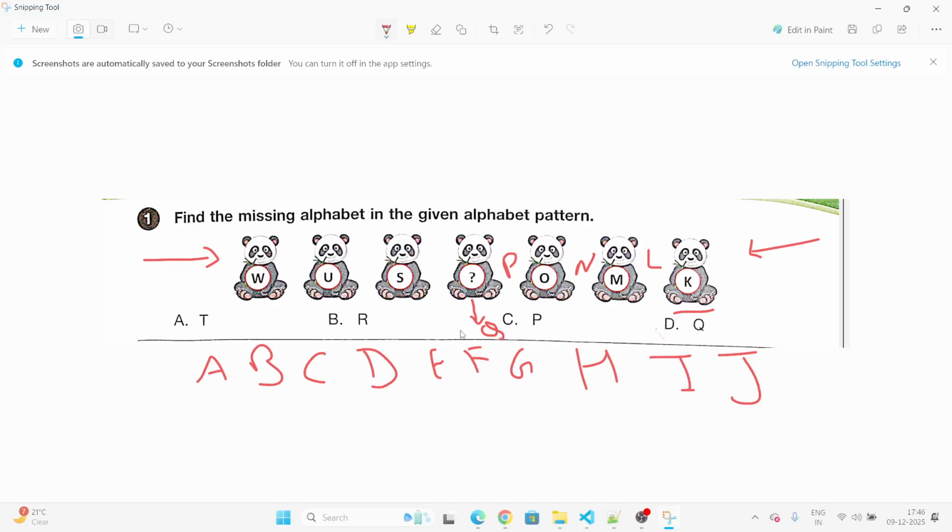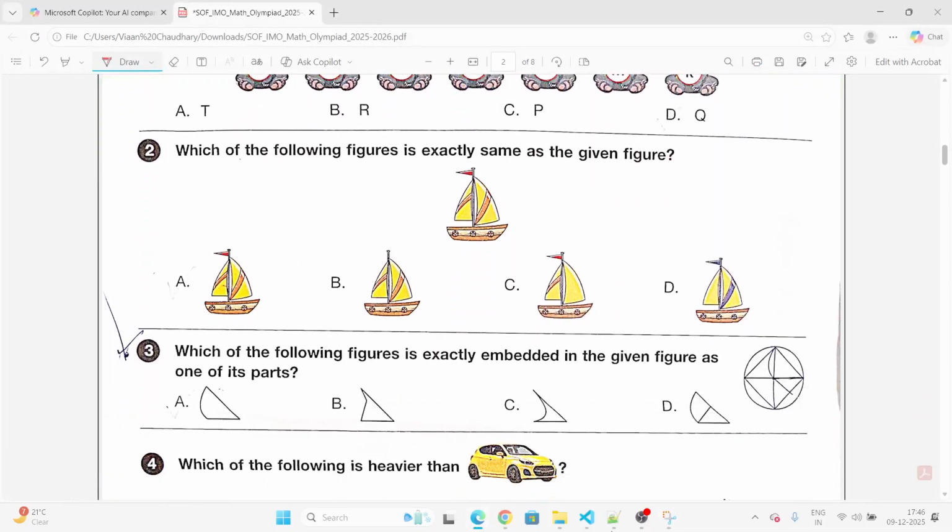The value of the question mark is Q, and we can find where the Q is. Here it is. I hope you understand this question. Now we can pick the second question, guys.